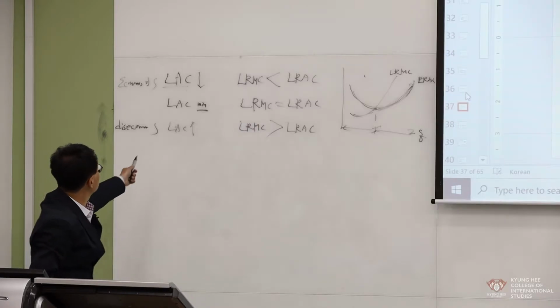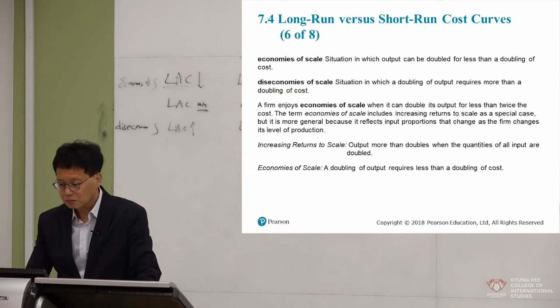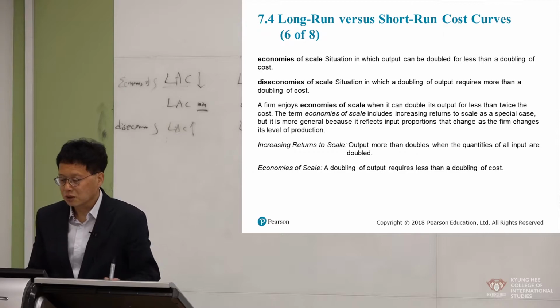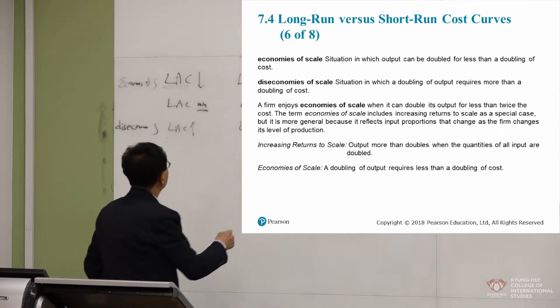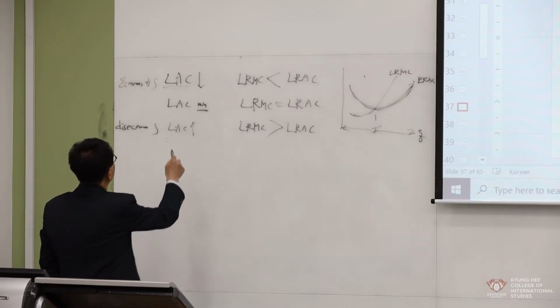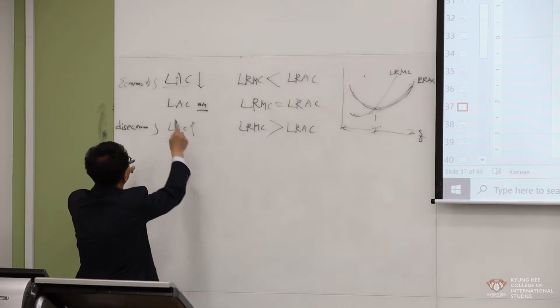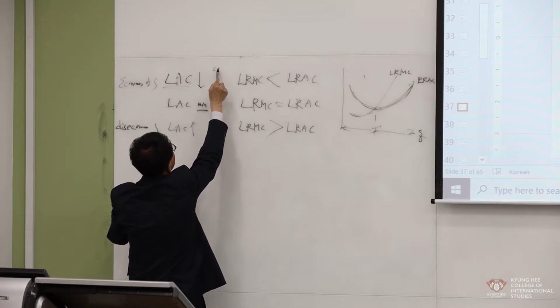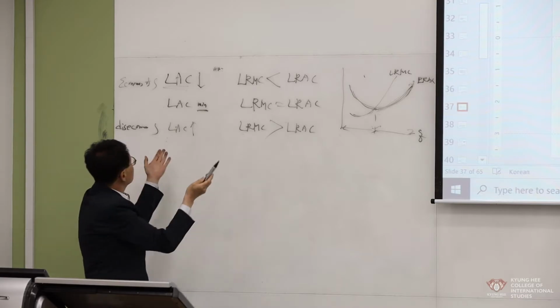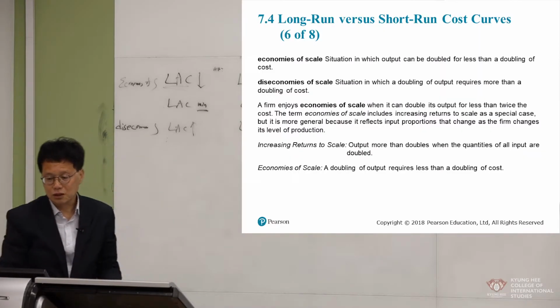Then economies of scale happen. Economies of scale is the situation where output can be doubled for less than a doubling of cost, right? For example, if output doubled and cost doubled, that is constant. If cost doubled and output more than doubled, that is economies of scale.